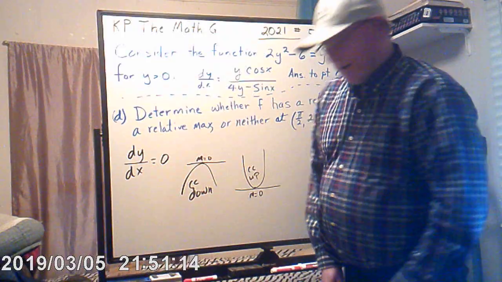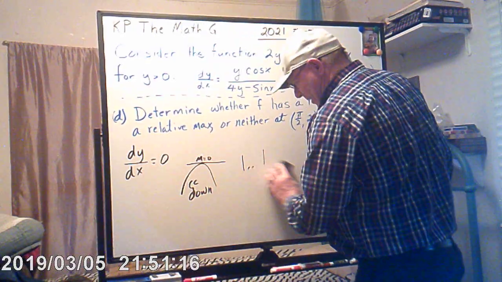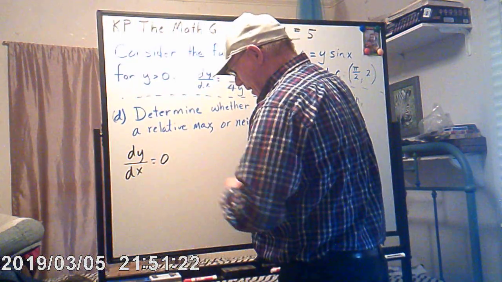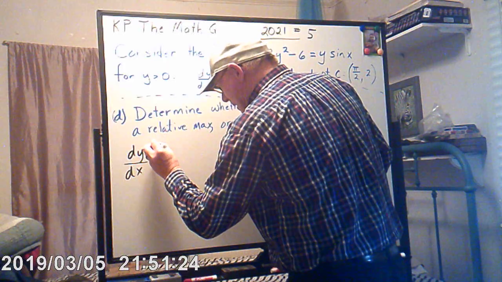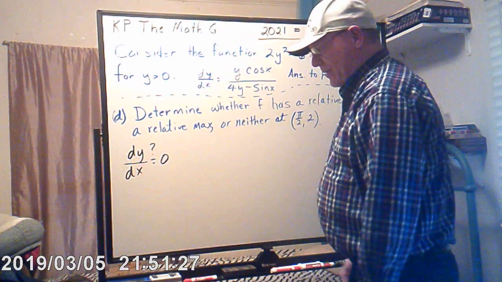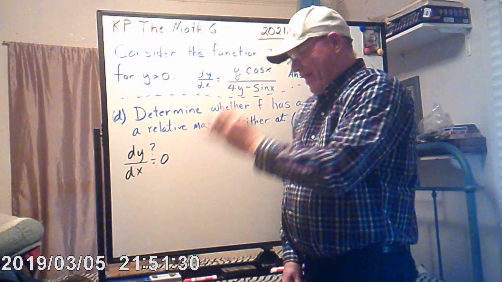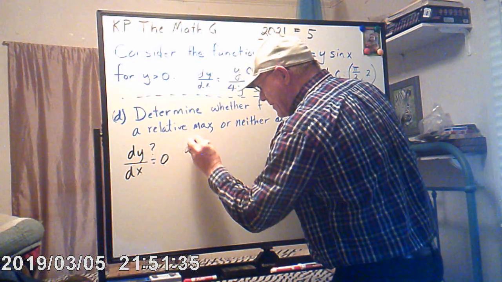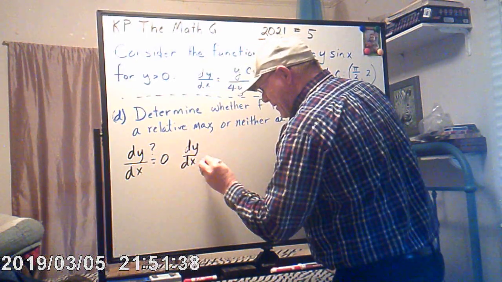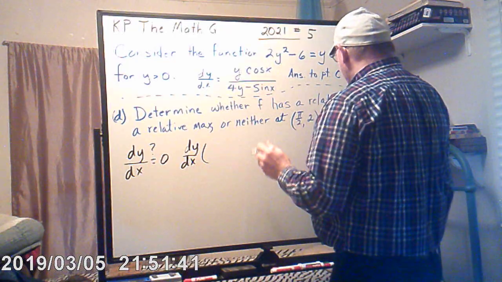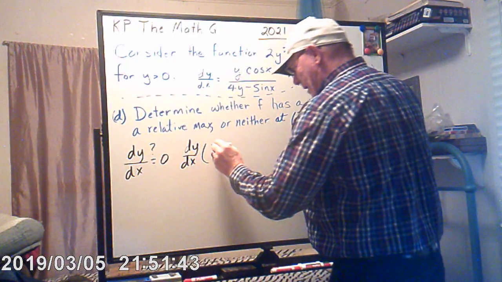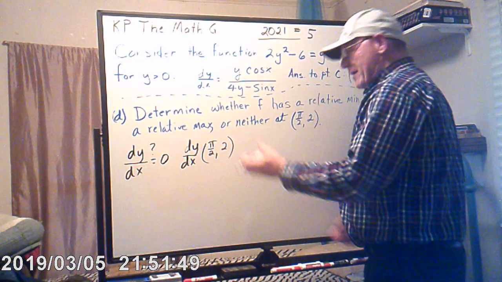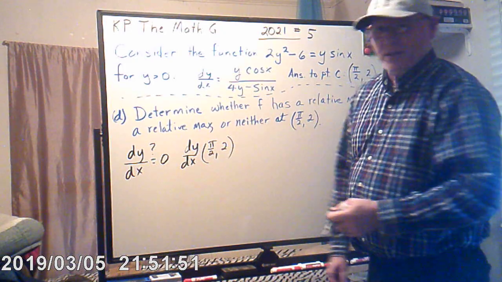Well, let's test that theory. Is that really true? Let's find dy over dx at that point, pi over 2, comma 2, because that's the point under consideration, isn't it?